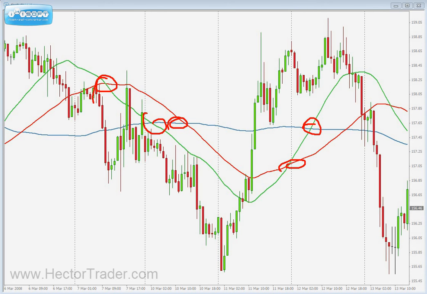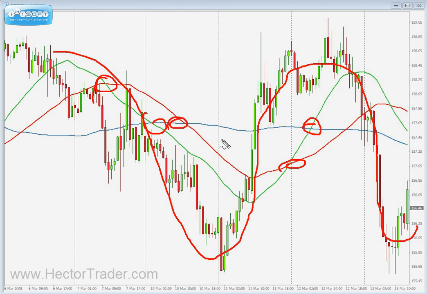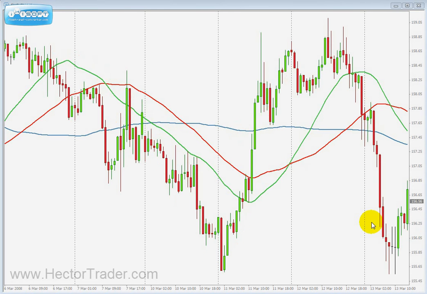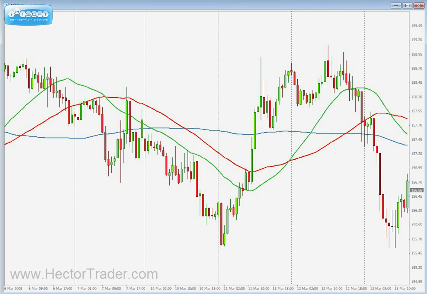Price is not respecting the dynamic area of support and resistance at all. I mean, price is in fact breaching above and below, breaking the 100 moving average a number of times throughout the chart, etc. Whenever you see this type of price action, what you usually have is a ranging market condition.